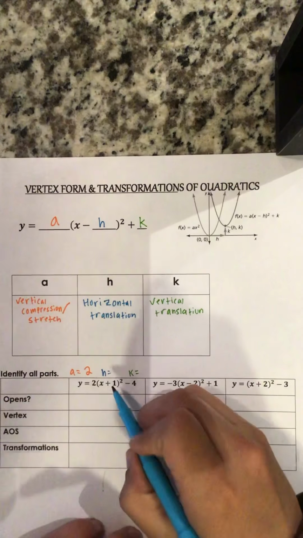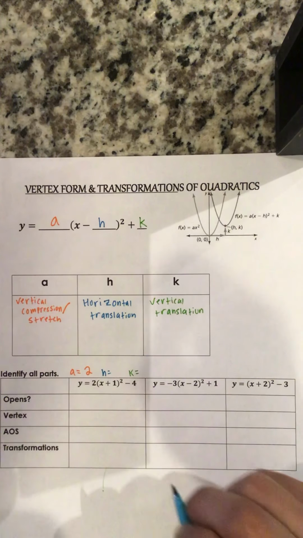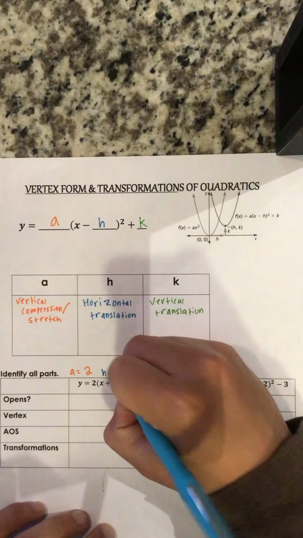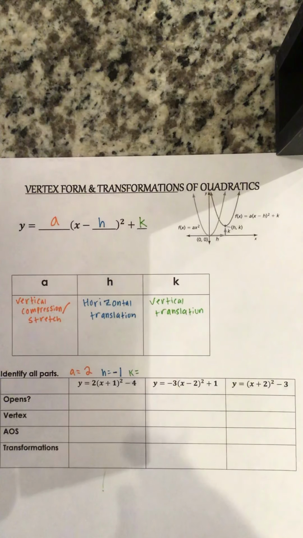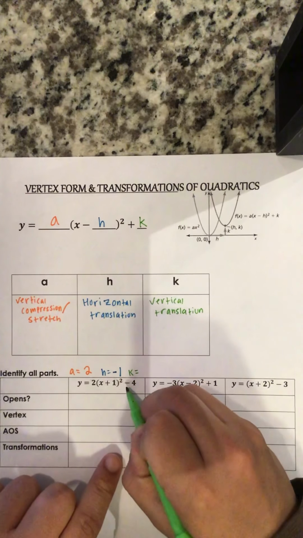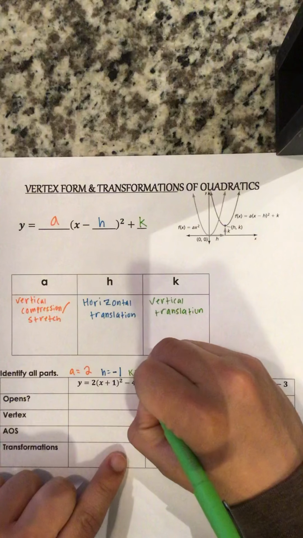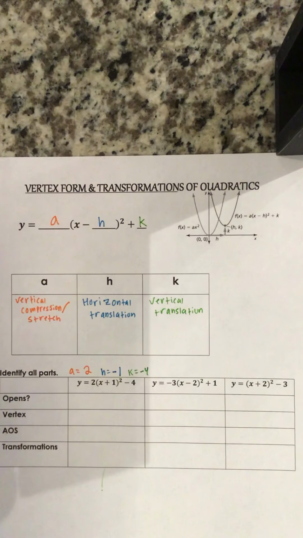So if I have a plus 1, that means my h is negative 1. It's the opposite, okay? The opposite sign. And then my k, there's no tricks about that one. My k is just whatever's at the end. So my k is negative 4, okay? Hopefully y'all are okay with that.